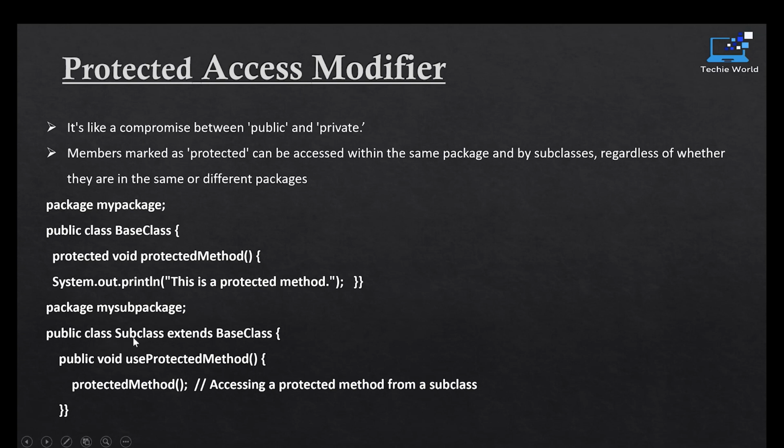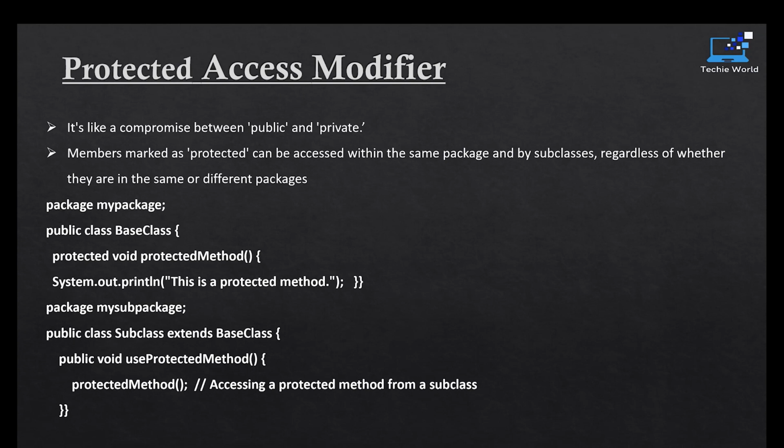That subclass is extending the base class that you already wrote in my package. So these two classes are in different packages, but you can always access the protected method available in the parent class even if it is in a different package. That's the purpose of the protected access modifier.